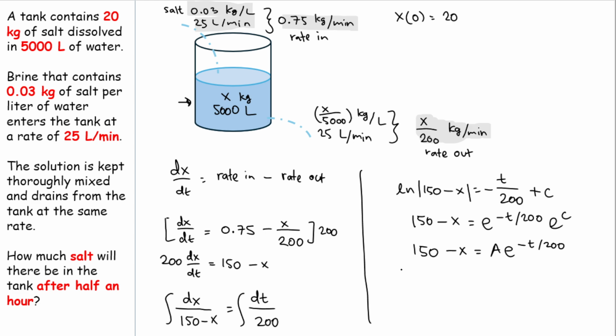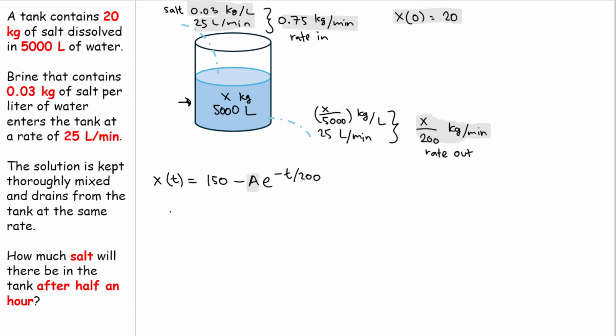Isolating x, x equals 150 minus a e to the minus t over 200. Remember that x depends on time, so we write x(t). All we need to do is find a, using the initial condition x(0) equal to 20.